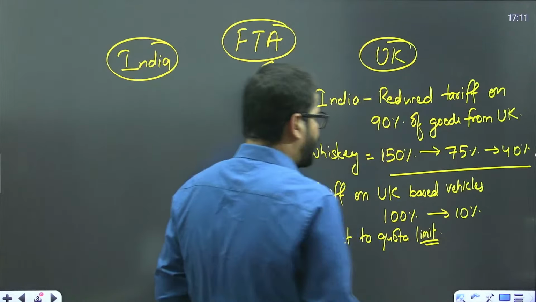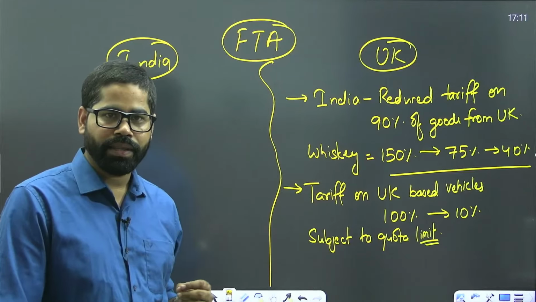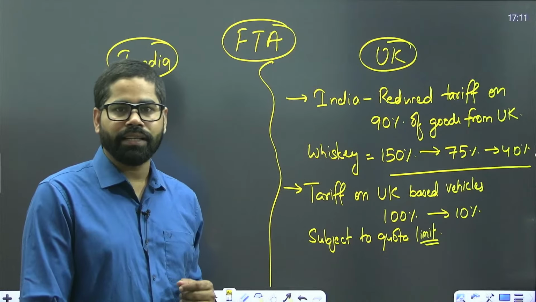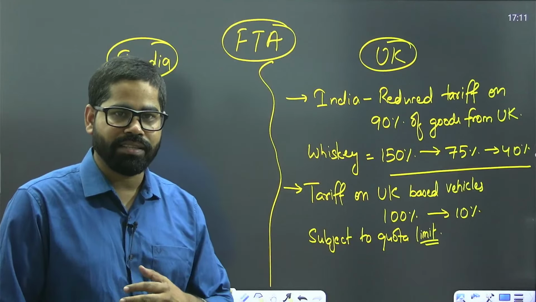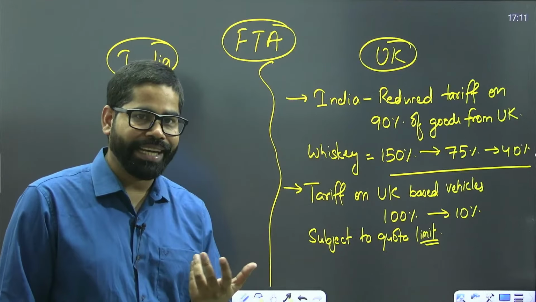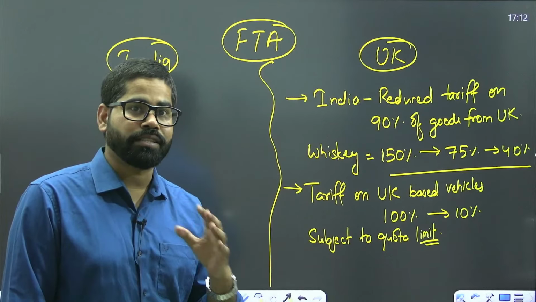It's not that an indefinite number of vehicles will be imported at 10%. There will be a quota which will be decided. For example, 10,000 vehicles coming from the UK to India will get just a 10% tariff instead of 100%.